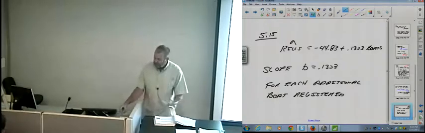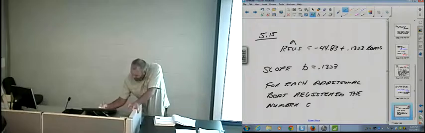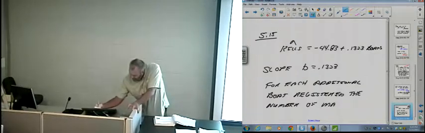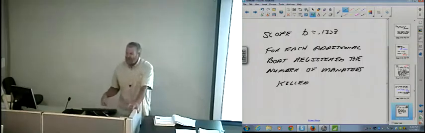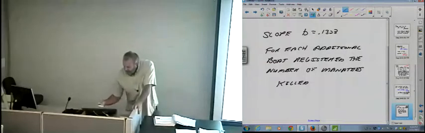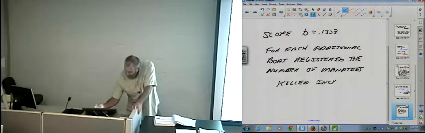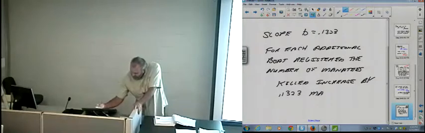For each additional boat registered, the number of manatees killed, does it increase or decrease this time? The slope is positive, right? So it's going to increase by 0.1323 manatees on the average.